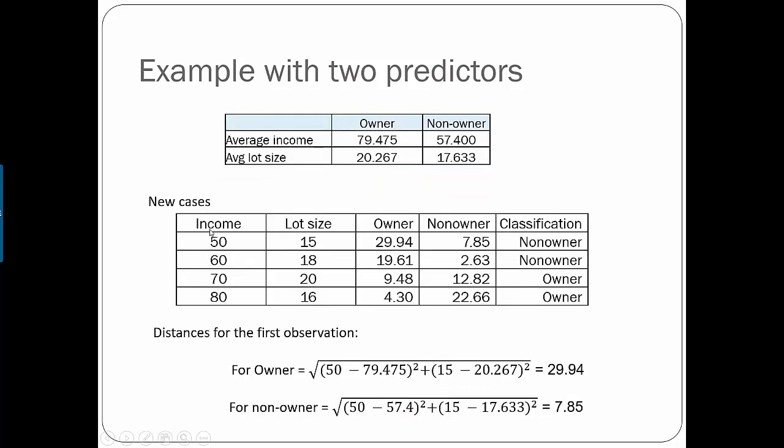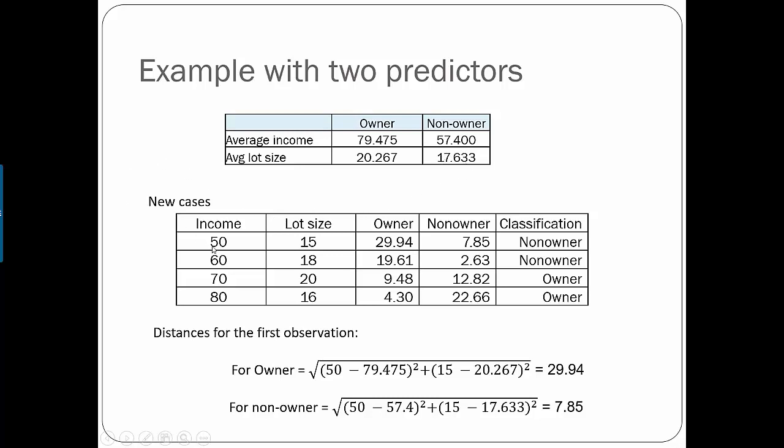Then when new observations come in, here are the vectors of means. So we have for owners one vector of average income, average lot size. Then for non-owners you have average income, average lot size.